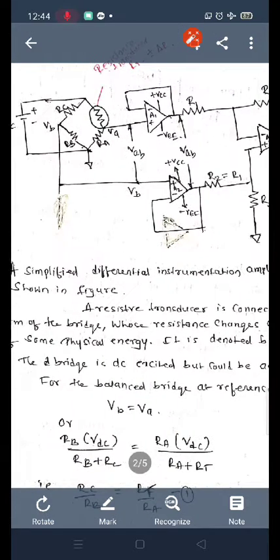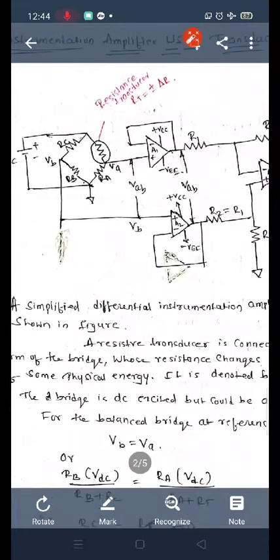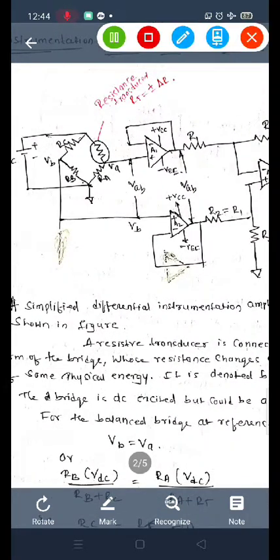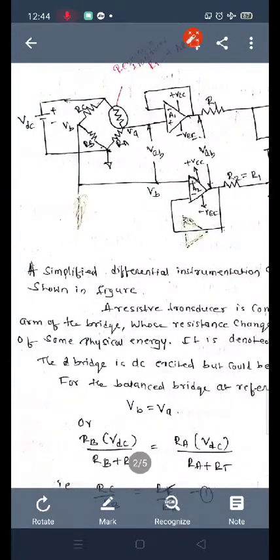Cross multiplying and simplifying this equation, VB equals VA, RB into VDC divided by RB plus RC equals RA into VDC divided by RA plus RT, and we get RC divided by RB is equal to RT by RA. Call that equation number 1.